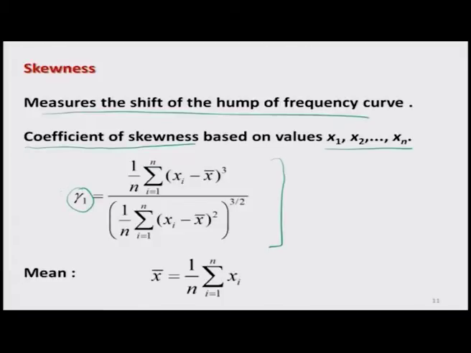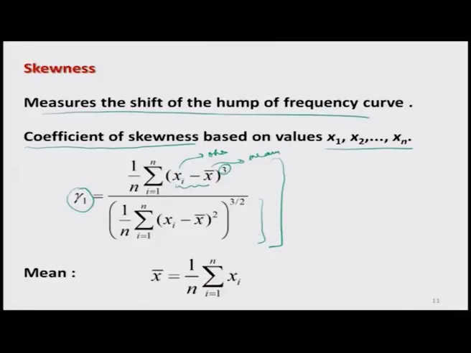This is simply trying to compute the sum of cubes of the deviation of the observation from their mean. These xi's are my observations, this is my mean, and we take the deviation of each observation from the mean, cube it, and then take the average of these cubes. And similarly in the denominator also we have a similar thing.